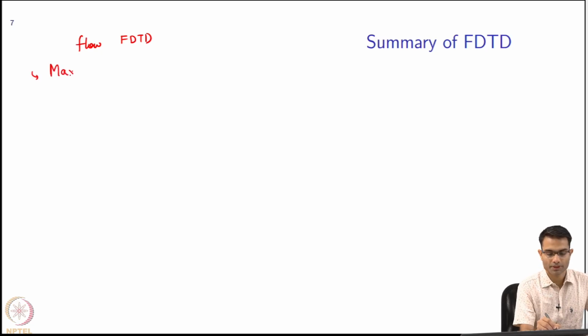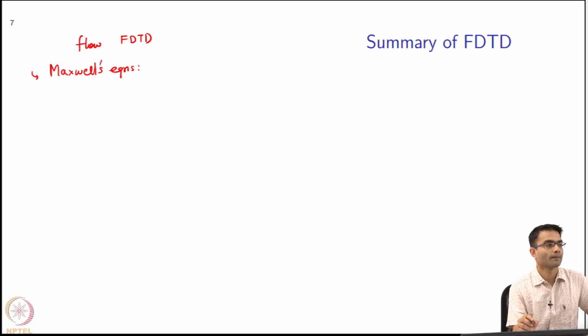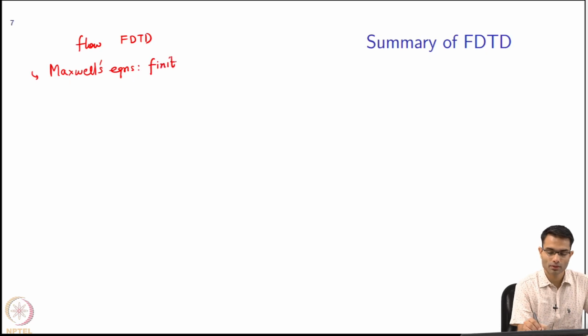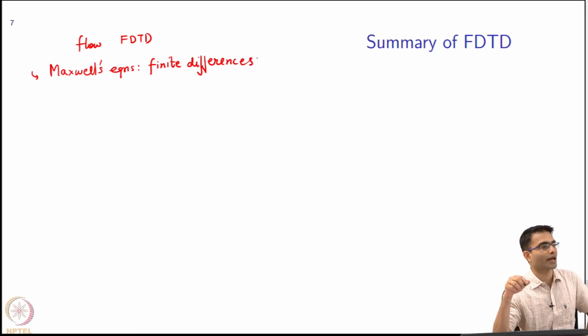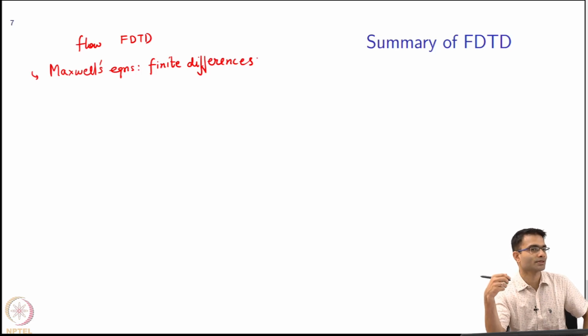We took Maxwell's equations and did finite differences, right. What is the key concept for finite differences that we used to get accurate representations of the partial derivatives? Taylor's theorem. Taylor's theorem allowed us to see how to get the lowest error, right.